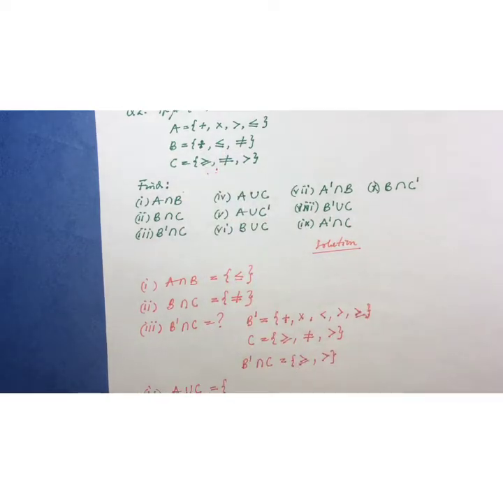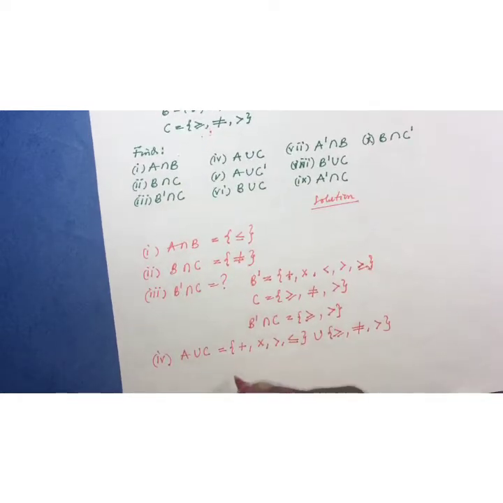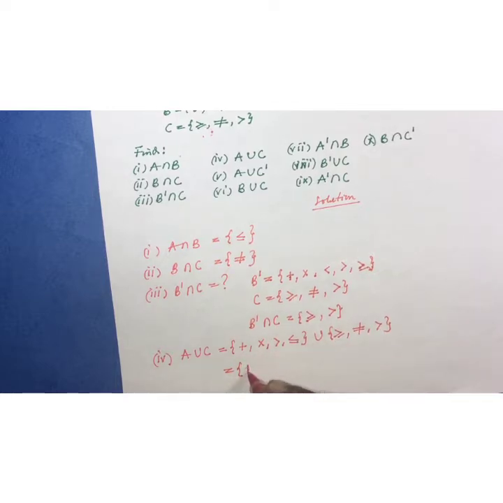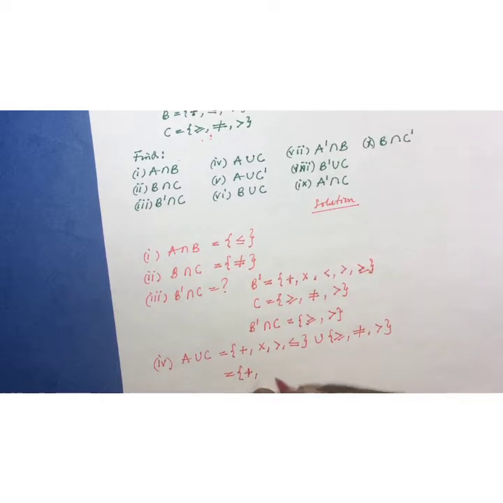So what elements do you find in A? Let's write out the elements of A. These are the elements of A. As a quick reminder, uniting them with the elements of C, these. Let's see what it gives. So it will give us, now you have addition found only in A, I'm writing it out.